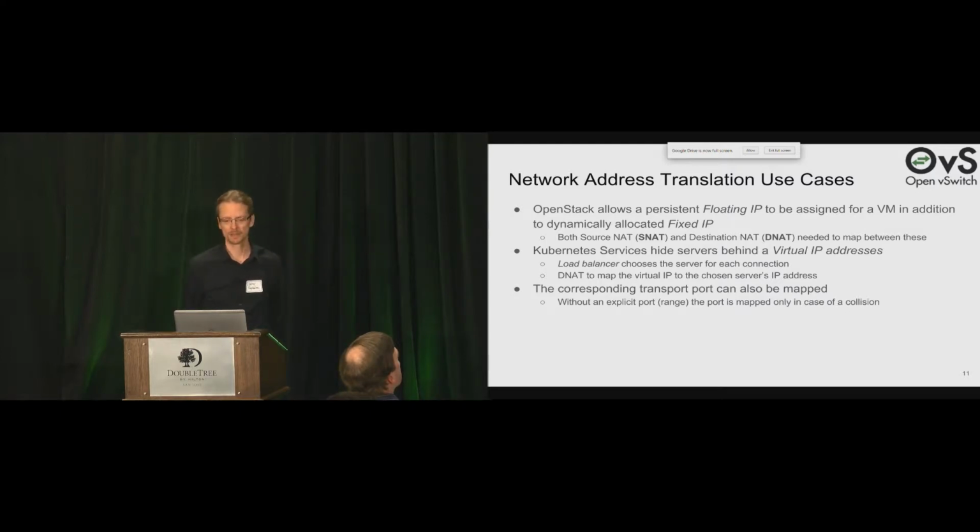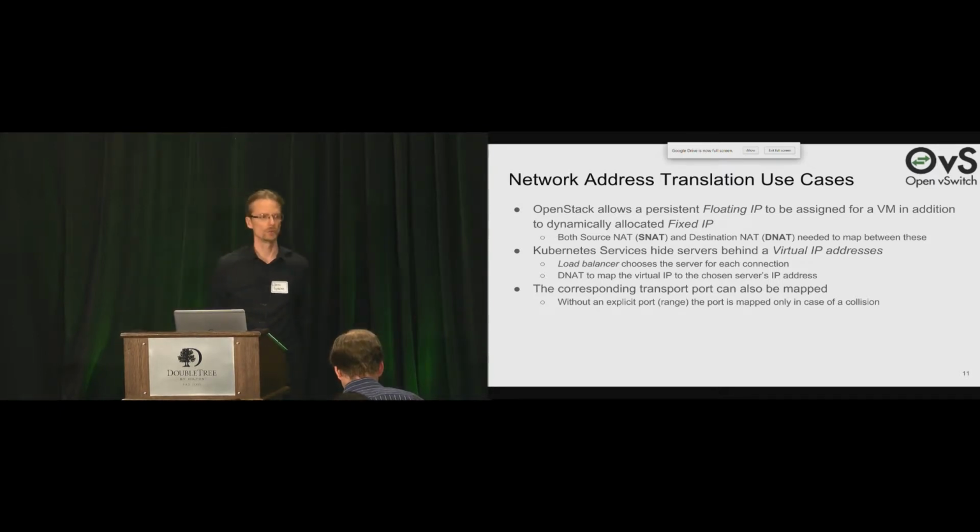OpenStack allows a persistent floating IP to be assigned for a VM in addition to a dynamically allocated fixed IP. And the VM itself never sees this floating IP. I believe it's currently being managed by the L3 agent transparently.